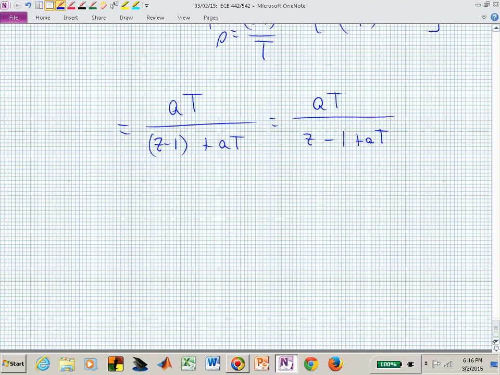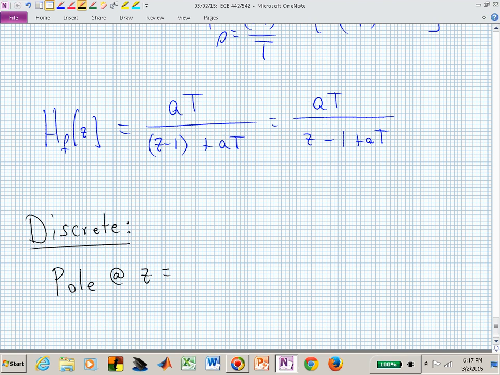But let's look at what this is. So this is H sub F of Z. We looked at some continuous time properties of capital H of S. Where's the pole for this discrete time transfer function?